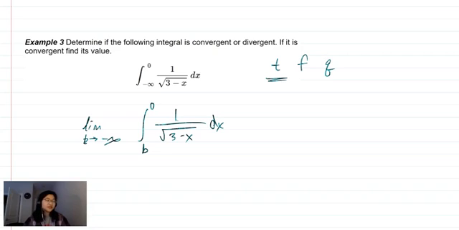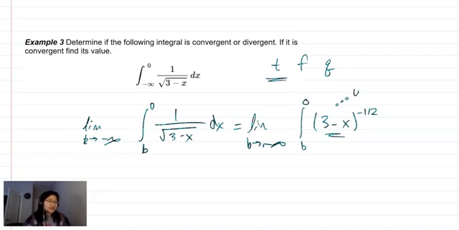We can just do the u substitution in our minds, where we say that we got something to the negative 1/2 power, and our chain rule is like, okay, so we can rewrite this as limit as b approaches negative infinity of the integral from b to 0 of 3 minus x to the negative 1/2 power. Treat this as a u, like we're thinking that this is a u. And then we go from there. Yeah, I think we can do that.